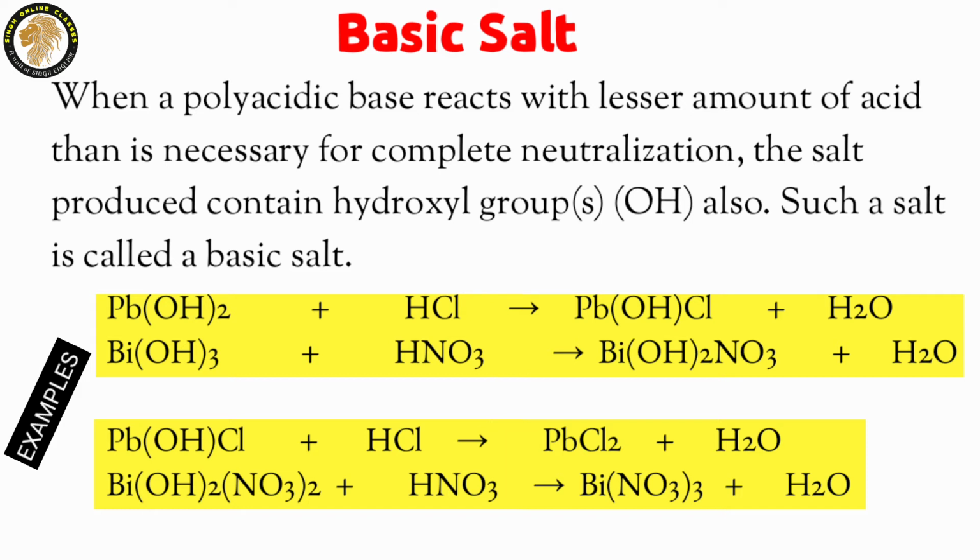There is no OH group present here. Now bismuth hydroxynitrate again reacts with nitric acid. As a result, we got bismuth nitrate. You can see here there is no OH group present. So we can say these are not basic salts now, but earlier they were basic salts because they were having OH group. Now they are normal salts.